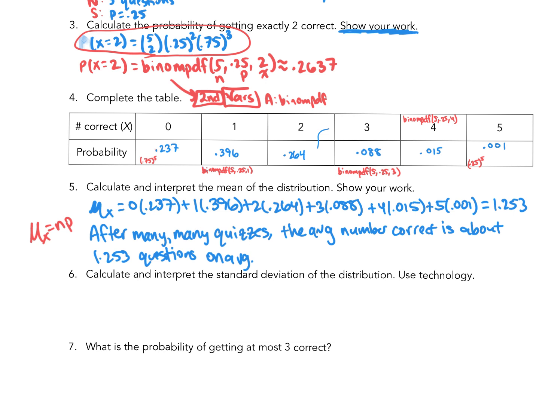So if we took our 5 times the probability of success, 5 times 0.25, we also get 1.25 questions correct. Okay, so I'm going to use technology to find the standard deviation. I will write out the formula and then we will go from there.